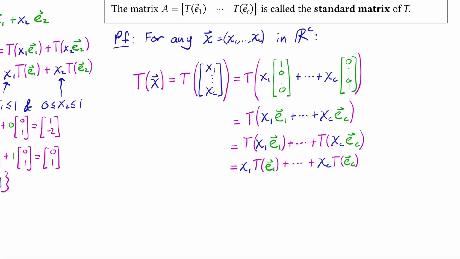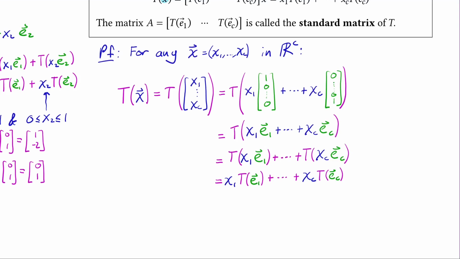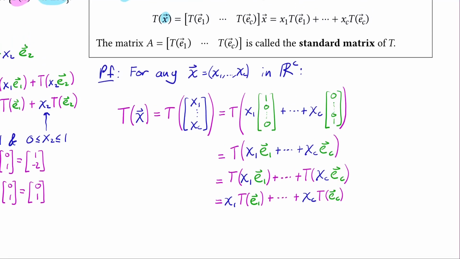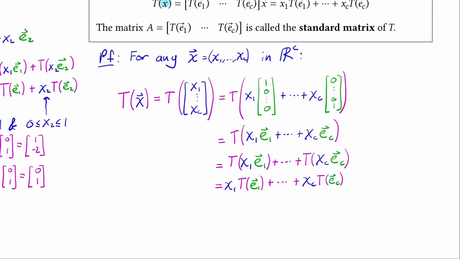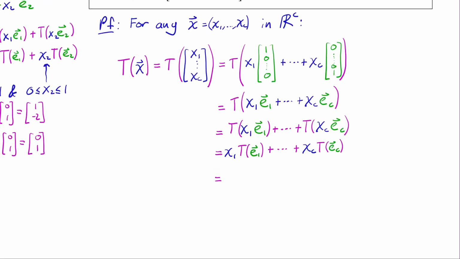And this is a linear combination of these vectors of the form T of e1 through T of ec using the entries in x as weights. So that's what the right side of this is. And at this point, we can just apply the definition of matrix by vector multiplication, where we're taking the matrix that has columns like so and multiplying that by the vector x1 through xc.